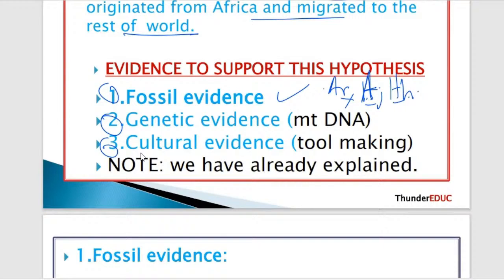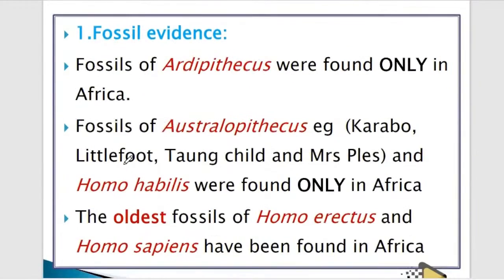But now when you talk about the oldest fossil of Homo erectus and Homo sapiens, they were discovered in Africa. You have to add that word oldest. Also, fossils of Ardipithecus were only found in Africa. Fossils of Australopithecus, Rabo, Little Foot, Child, you can talk about too. And the Homo habilis were only found. You see, this word only is very important.